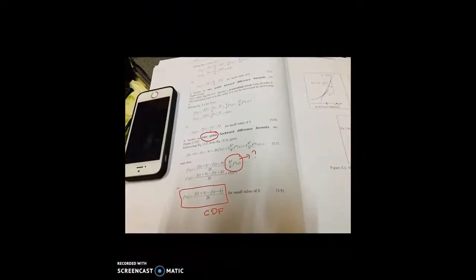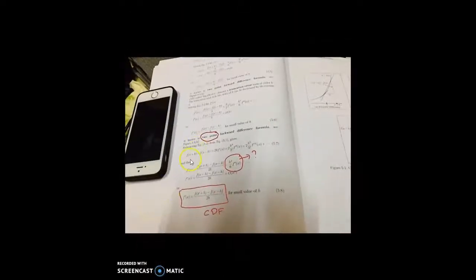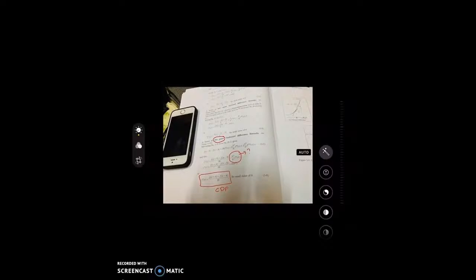Now if you go to 5.7, the book shows you the 2-point backward difference formula. Only 2 points, so it's not difficult. You use f(x) minus f(x-h), divided by h. You only refer to 5.2, the formula from 5.2.